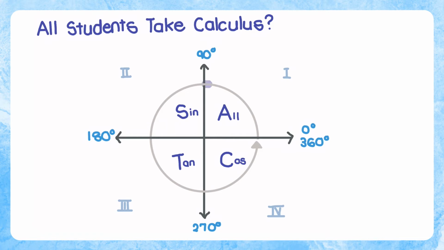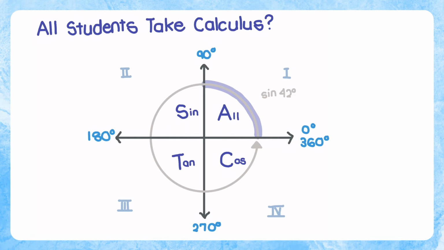So for example, let's focus on quadrant 1, so anything between 0 and 90 degrees. Notice how it says all. This means that all trig functions are positive when in this quadrant. So for example, let's say we have sine of 42 degrees, which is between 0 and 90 degrees. If you plug this into your calculator, you get 0.66913 and it keeps going.